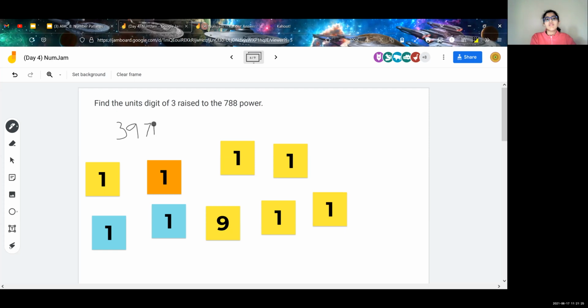It repeats every 4. So we have to find 788 mod 4. That would be equal to 0, right? So when it's 0, you use the last digit, and that would be 1. So you got these correct. Good job. Most of you got it correct.